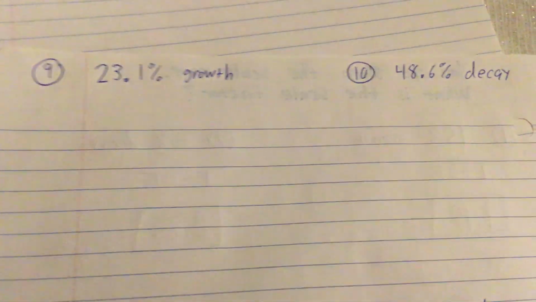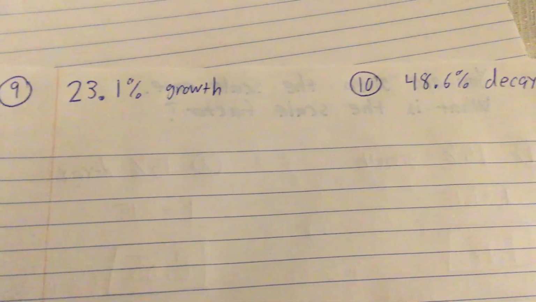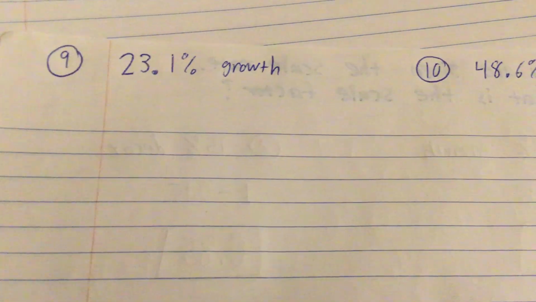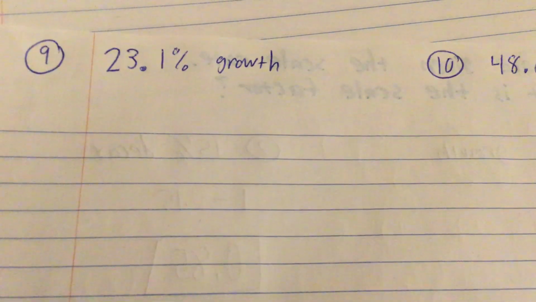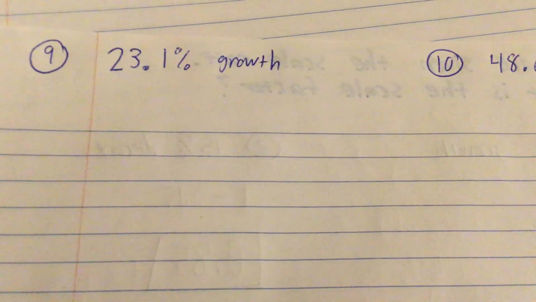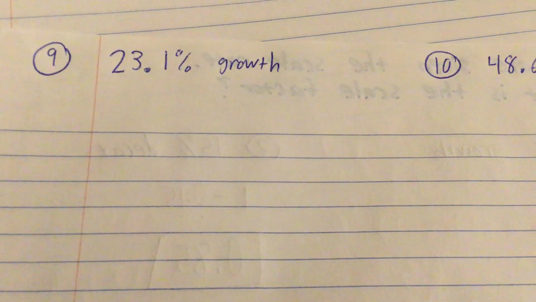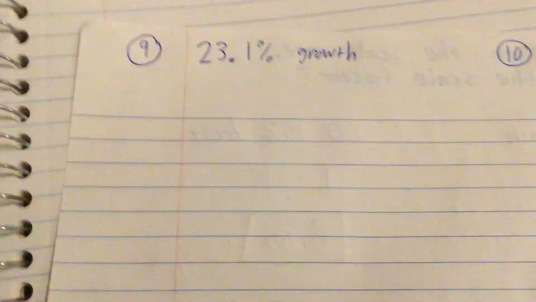Okay, turn the page. Decimal in the percent. What does it mean for the scale factor if it is 23.1% growth? Okay, so I take my 1, and I'm going to add 0.